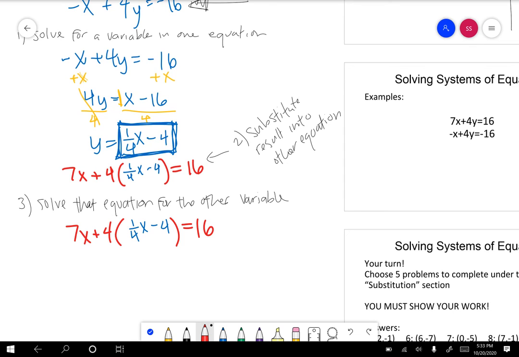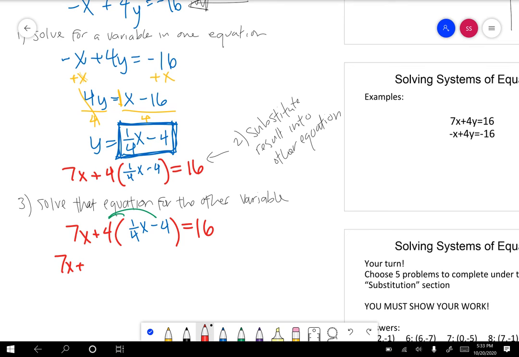So we would do it just like we would do any multi-step equation solving for x. The first thing I would personally want to do, and again, you can do this multiple ways, is distribute that 4. Okay, let me actually do that in a different color. I'm gonna distribute that 4 to both things inside the parentheses. So I'm gonna end up with 7x plus 4 times 1/4.